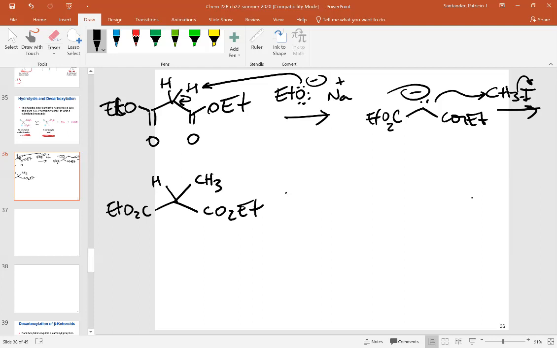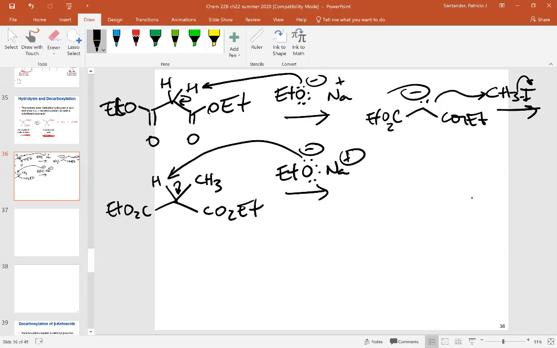that position. So I can go through a second abstraction of a proton. Again, I can use sodium ethoxide, abstract the proton, get the formation of a carbanion, and then now we have methyl there, and we have the carbanion.